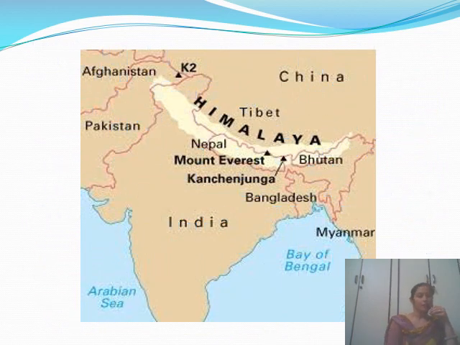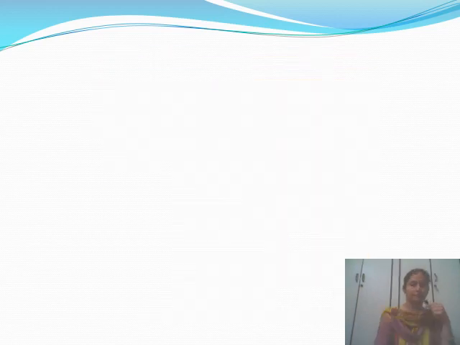In the Himalayan range, the highest peak is Mount Everest, which is also the world's highest peak, and lies in Nepal, and Kanchenjunga, which is the third highest peak in the world, lies in India.